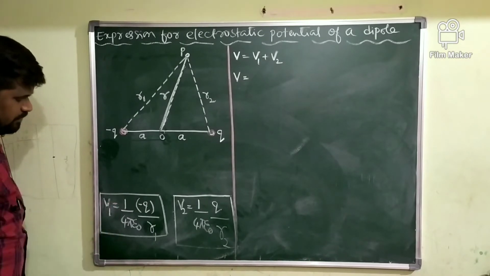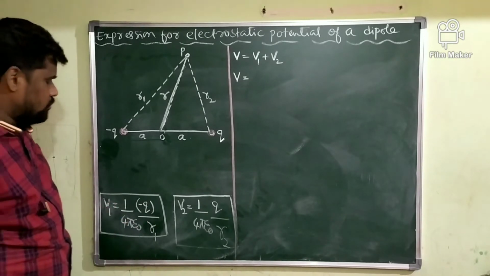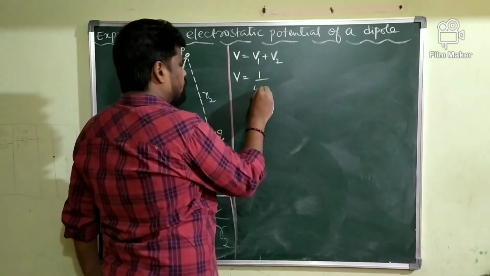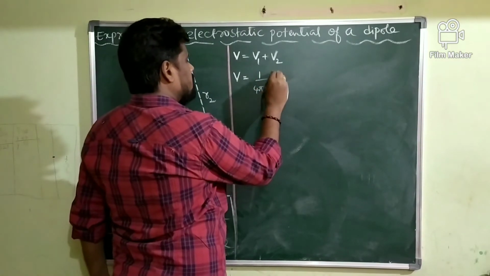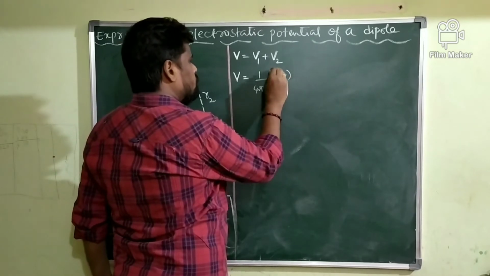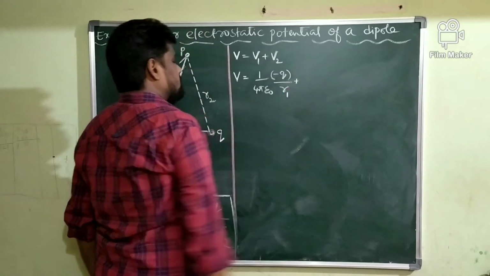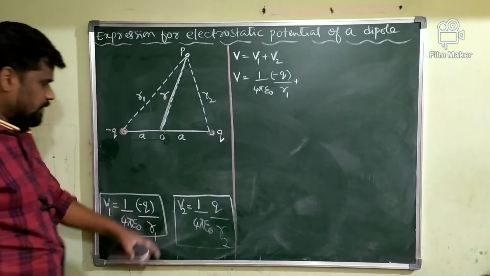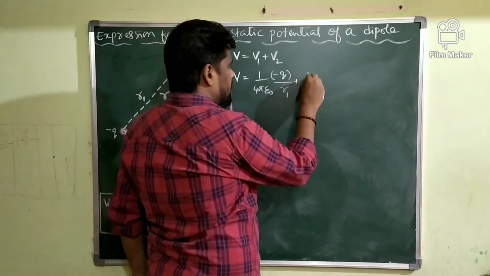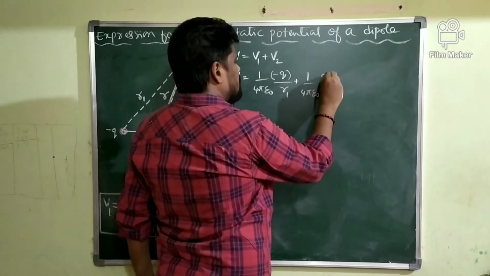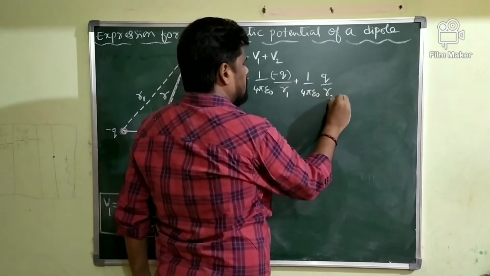V1 is 1 divided by 4 pi epsilon naught, minus Q by R1, plus V2. What is V2? 1 divided by 4 pi epsilon naught, plus Q by R2.